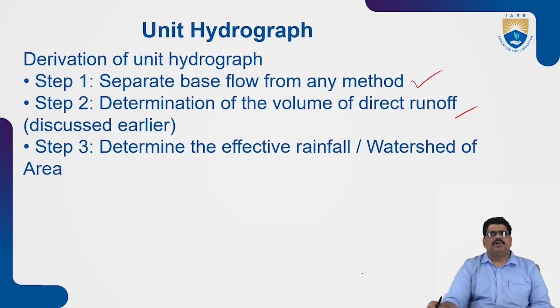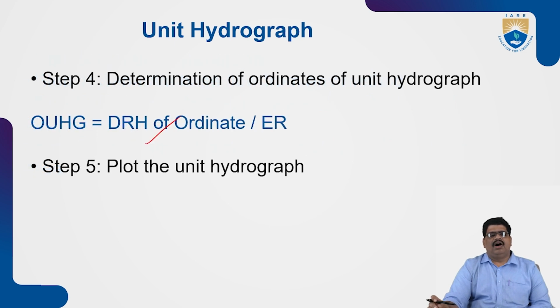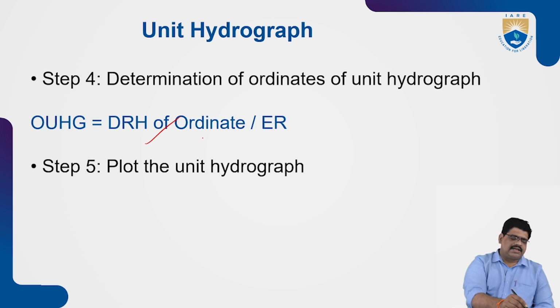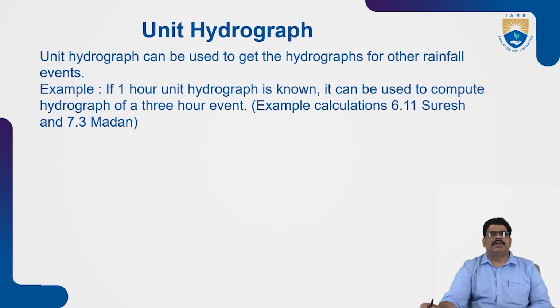The second point is the volume of direct runoff, and the third point is to determine the effective rainfall over the watershed area. Next is determination of the ordinates of the unit hydrograph, which are the direct runoff ordinates divided by the effective rainfall. These are the points you have to remember.